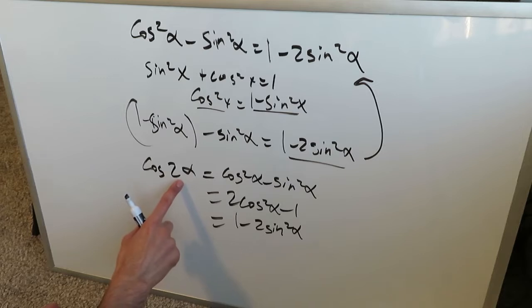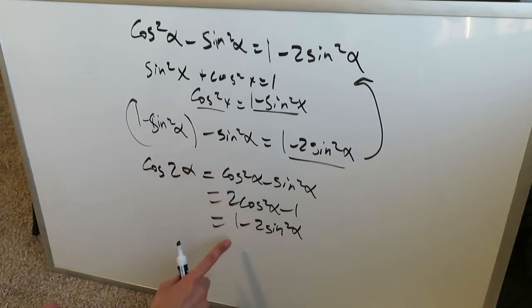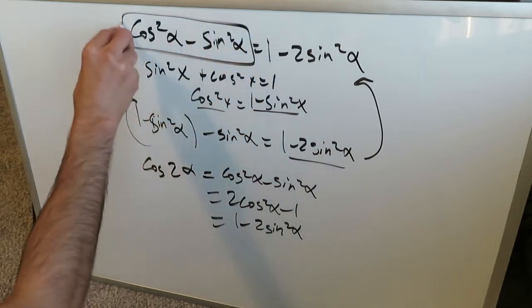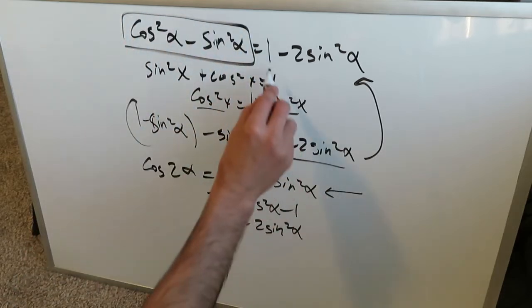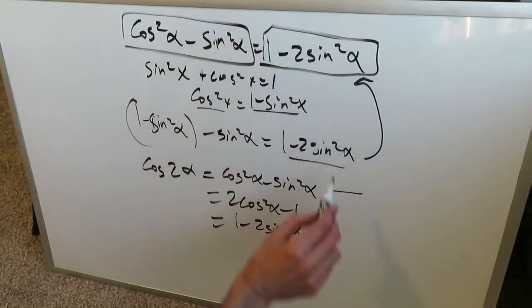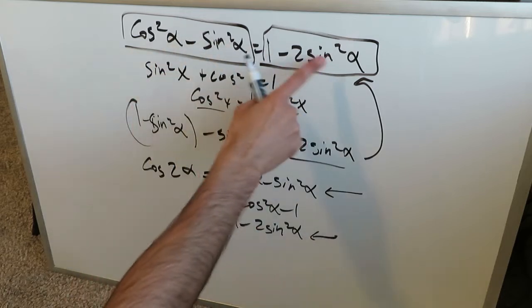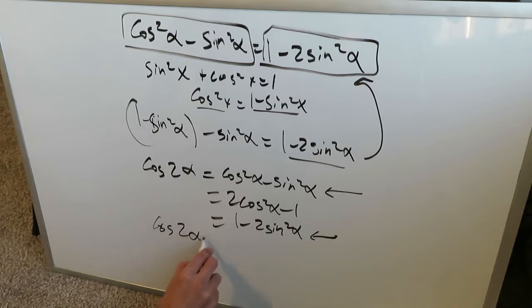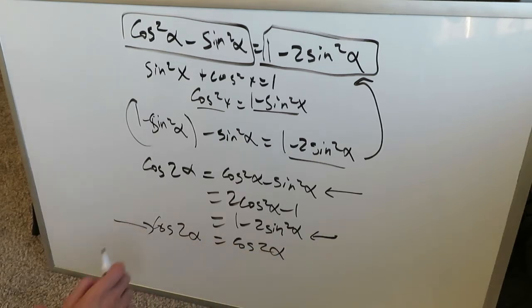Cosine 2 alpha is equal to any of these three things, and you're seeing both of those right here. One is right over here on the top, which mirrors this, and the other one is right over here, which mirrors this. So essentially this entire equation is basically saying cosine 2 alpha is equal to cosine 2 alpha.